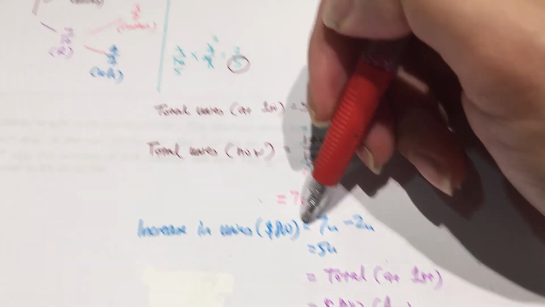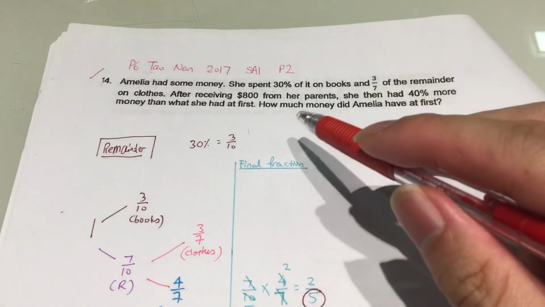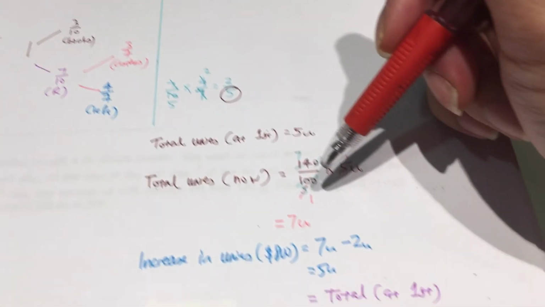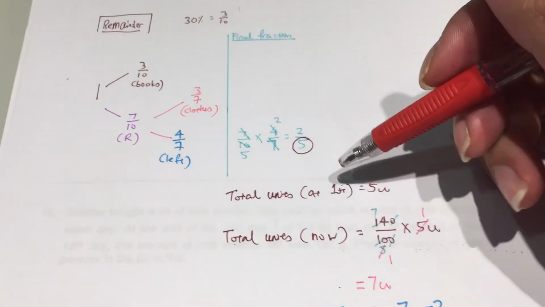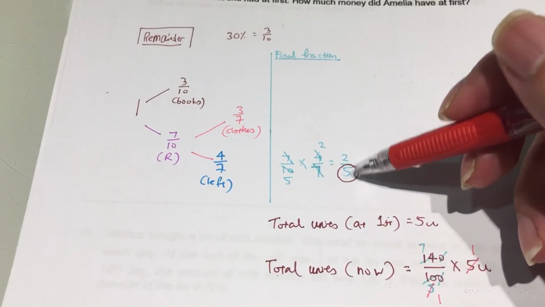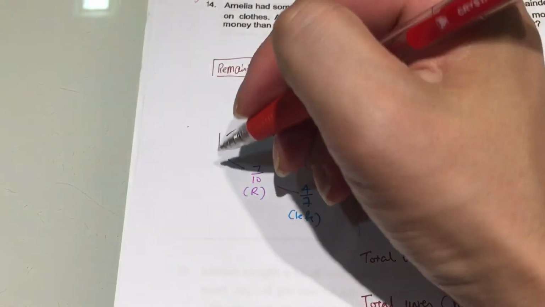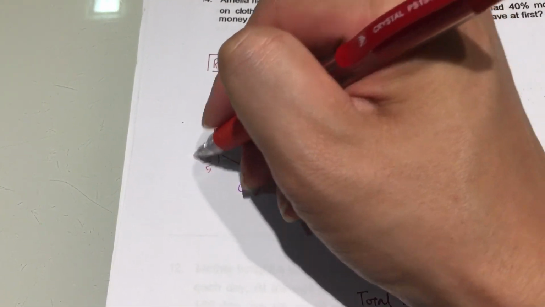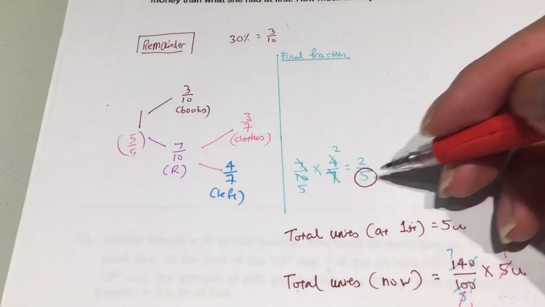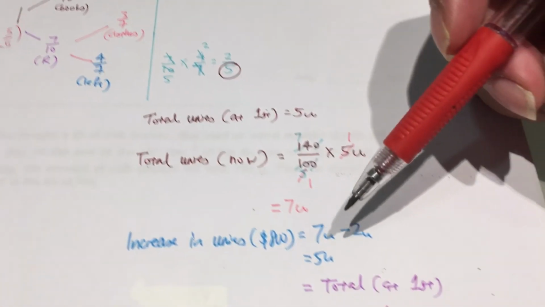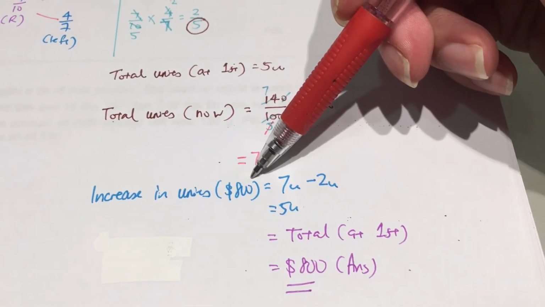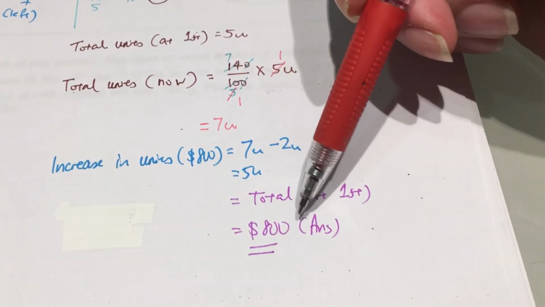Okay, and then they ask how much money did Amelia have at first, and it happened that the units at first is actually 5, because this is 5 out of 5. So I do not need to do anything because 5u is actually $800, so the answer is $800.